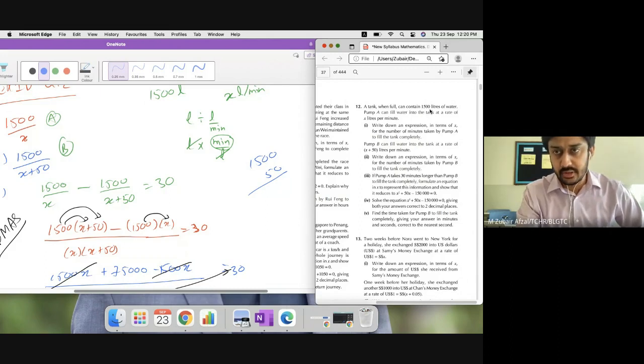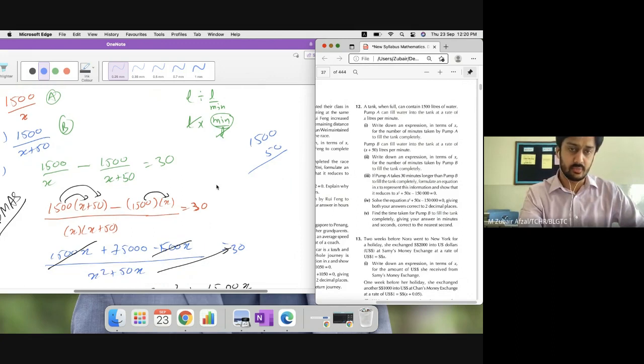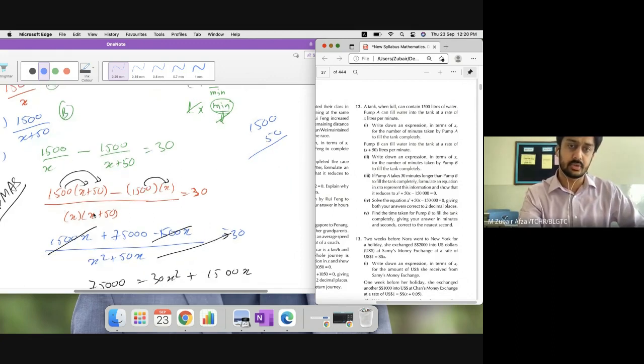A tank when full contains 1500 liters and pump A pumps x liters per minute. 1500 liters at x liters per minute, so you get the time in minutes. Pump B is x plus 50 liters per minute, and the difference between them is that pump A takes 30 minutes longer. When you divide, you get x into x plus 50, 1500x, and 1500 times 50. 15 times 5 is 75,000.